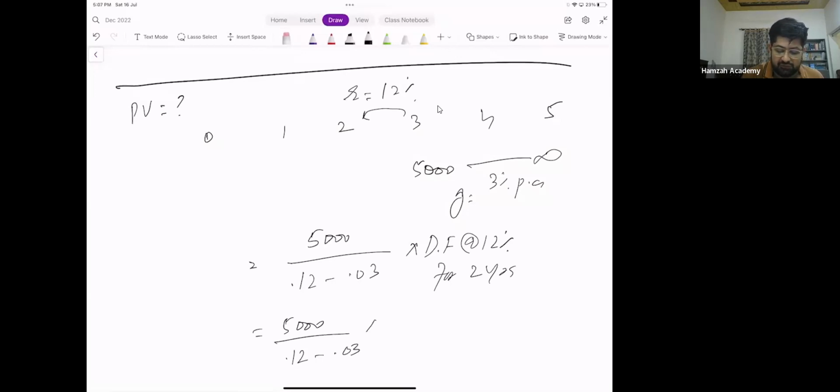Now I will see the discount factor from the discount table. 12% for 2 years: 0.797. This will be the answer. Simple is that. Deferred perpetuity and delayed as well. Is that clear to you people?